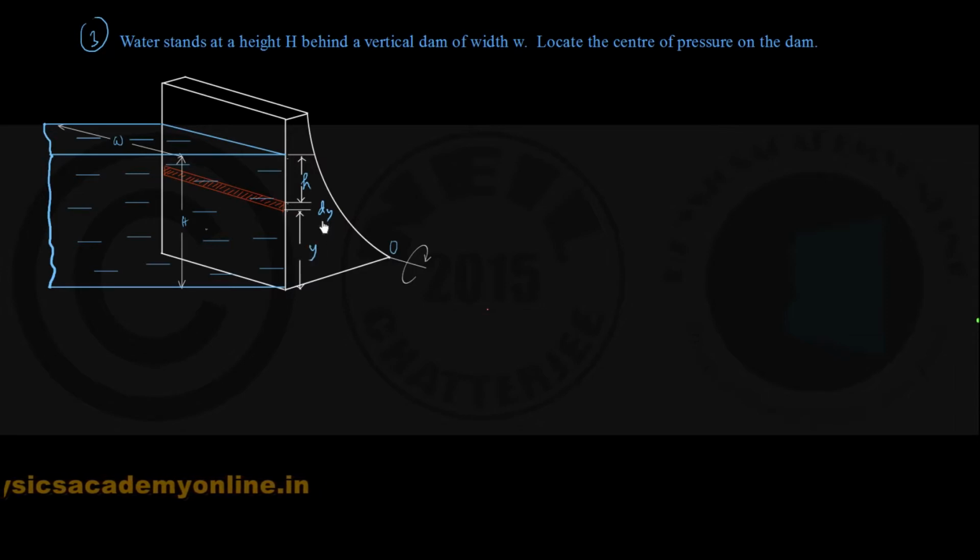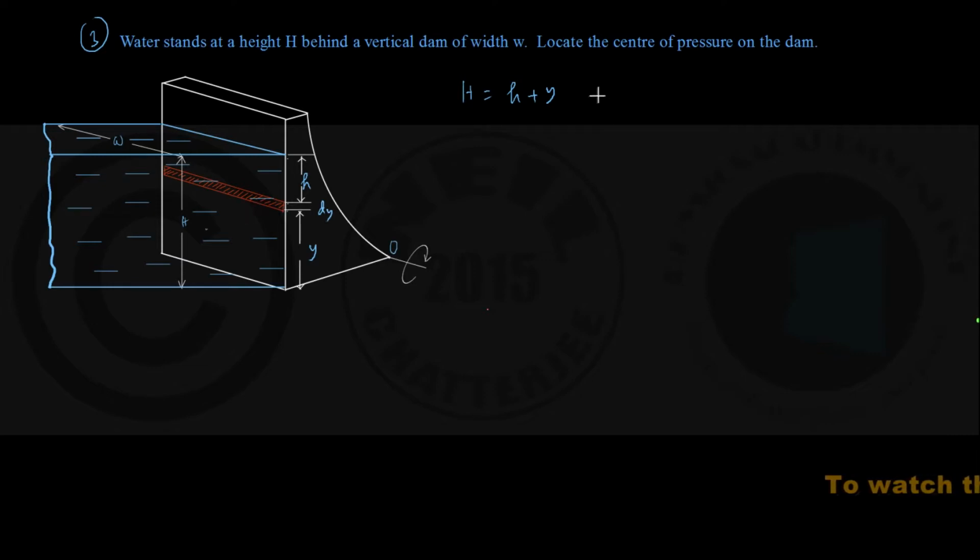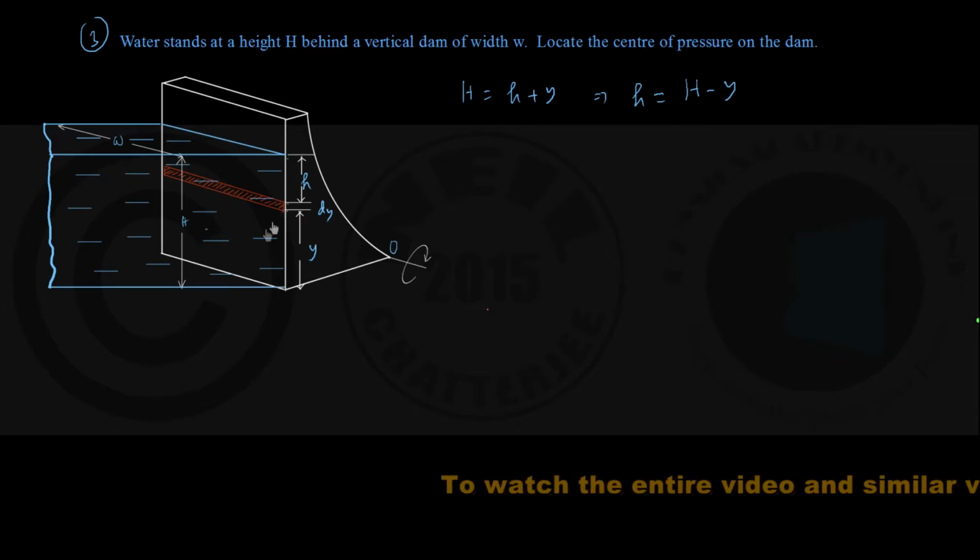Since dy is a very small amount, we can say that capital H, the whole height of this water body, can be written as the sum of small h and y. Both small h and y are variable quantities, because I can take this infinitesimal strip anywhere along the height. It follows that small h is given by the height of water minus the height of the strip as measured from the bottom of the dam.